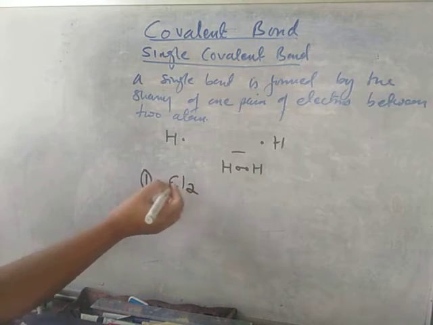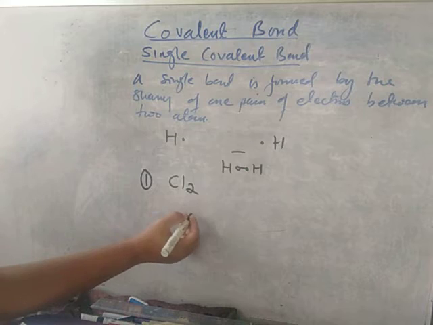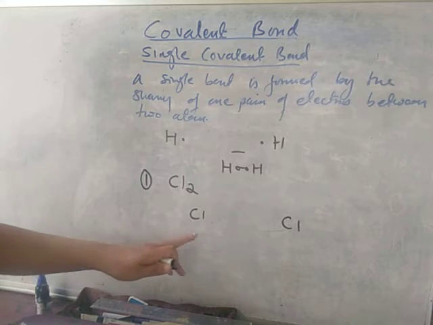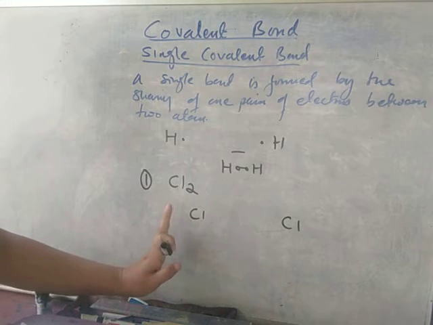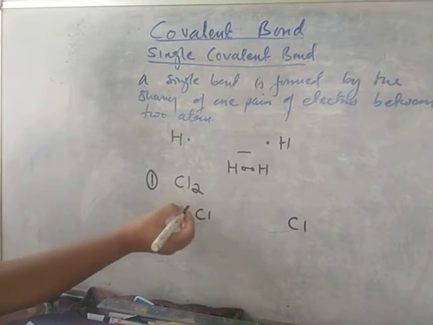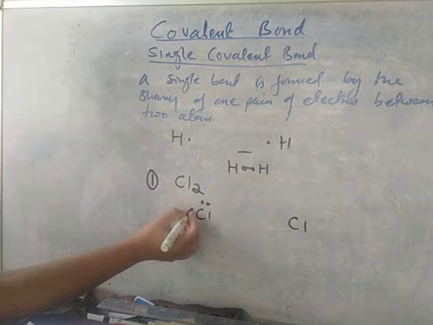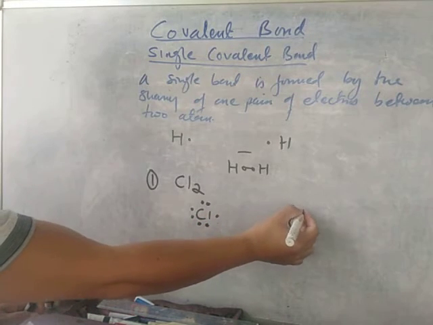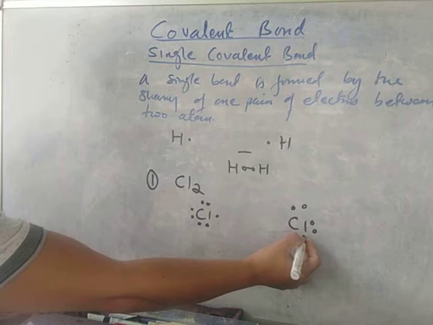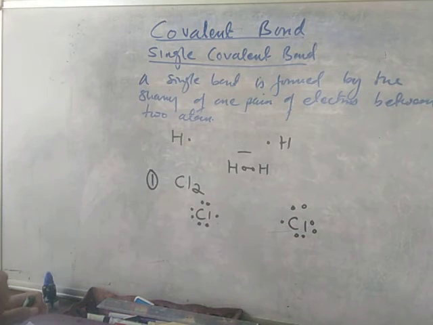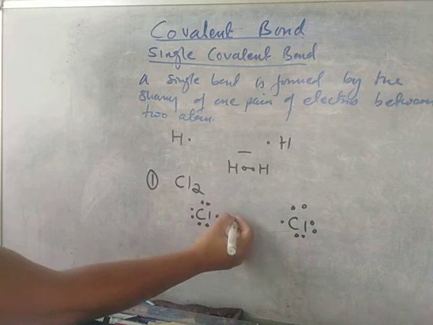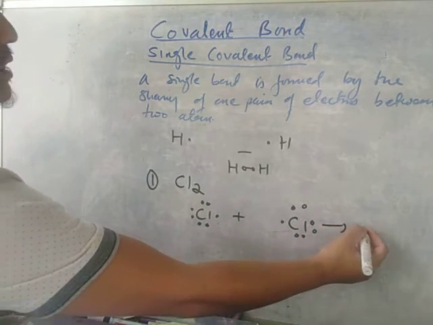Next example is the formation of dichlorine, chlorine. Okay, so chlorine, isn't it? Two atoms are needed, so these two atoms are going to share. The valency of chlorine: 1 2 3 4 5 6 7, again 1 2 3 4 5 6 7. So it can share one electron.